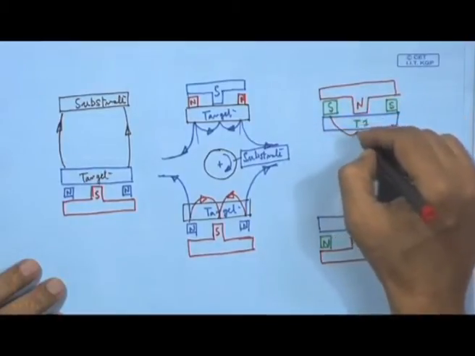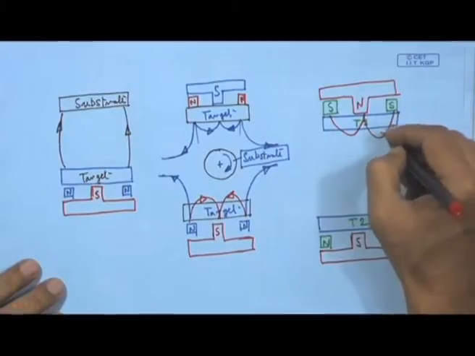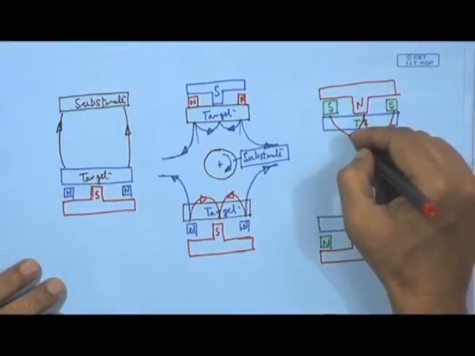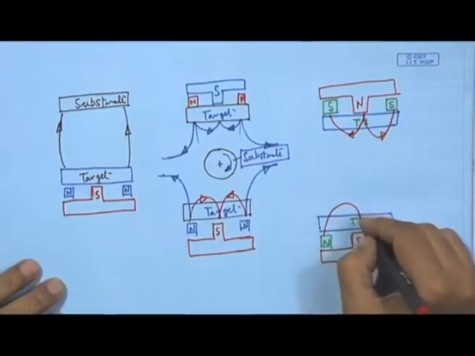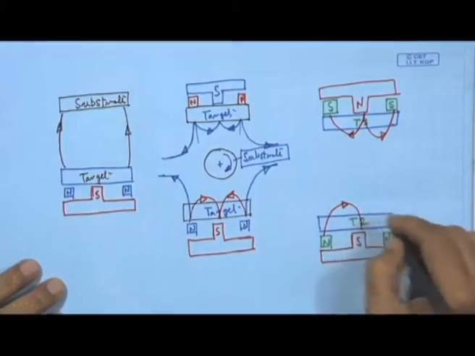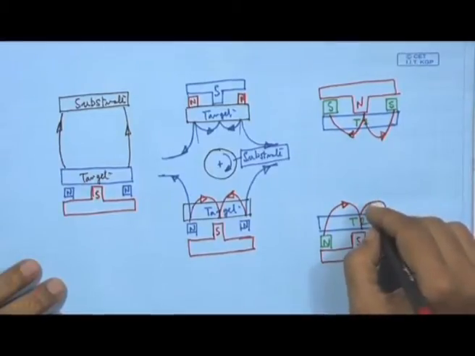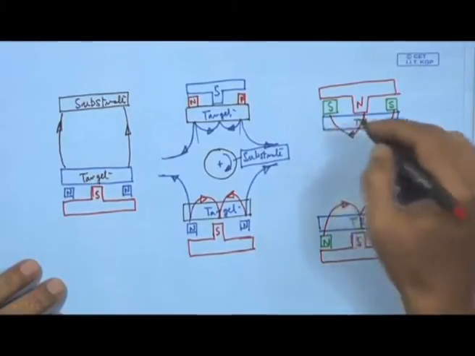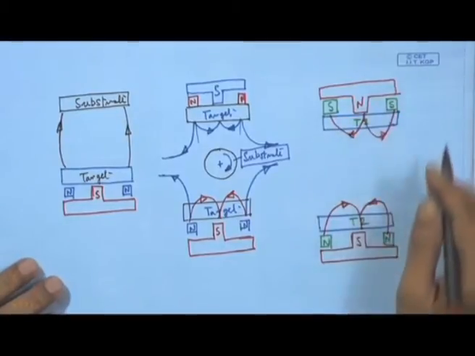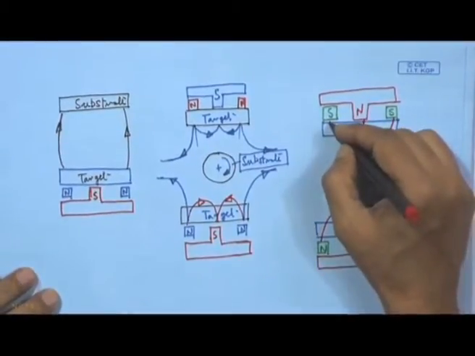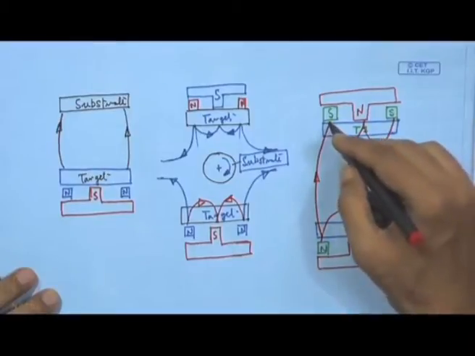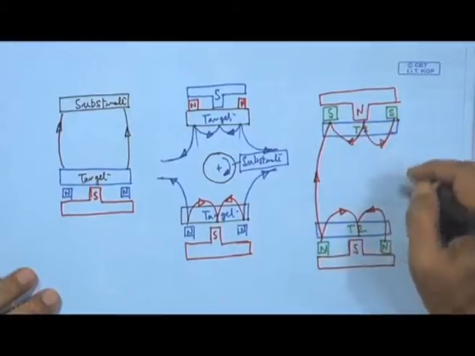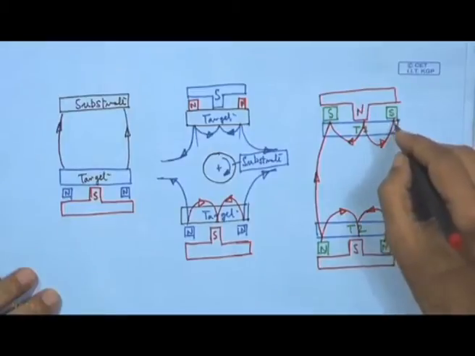So, this will be the magnetic flux which will be connected from north to south. This is going to be also north south, this one too, and at the same time this will be the closing of these lines of force, closing from the north of this magnetron to the south of the magnetron just above this, and this is also another closed loop.